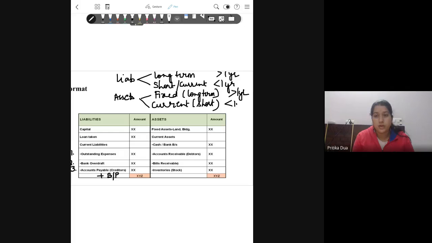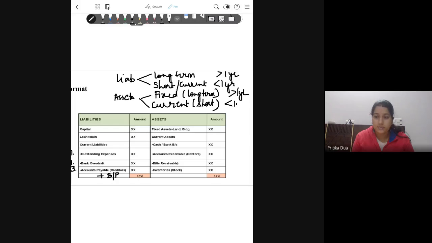So once you put in all these items in the balance sheet, the total of both sides should tally. So what we do now is, in the question which we were solving, we'll prepare the balance sheet and quickly tally whether we have solved the question correctly or not.